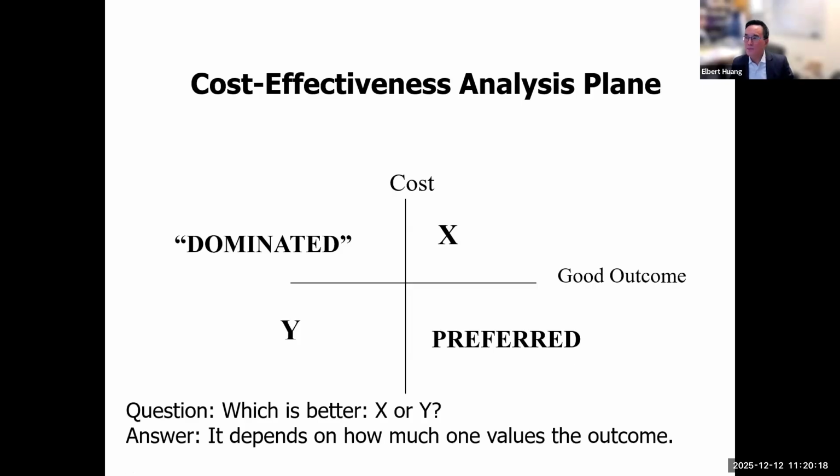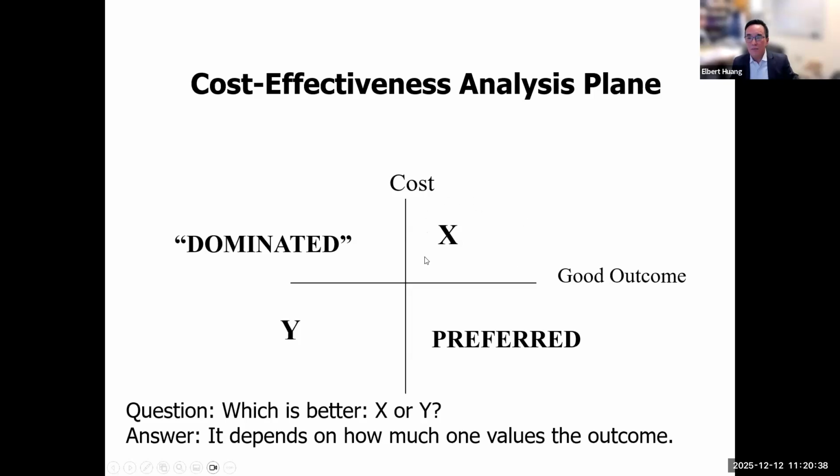What do people think? Best one. Yes. You have saved money and you've improved health. This is the dream of cost effectiveness analysis. But the unfortunate thing is it rarely happens.